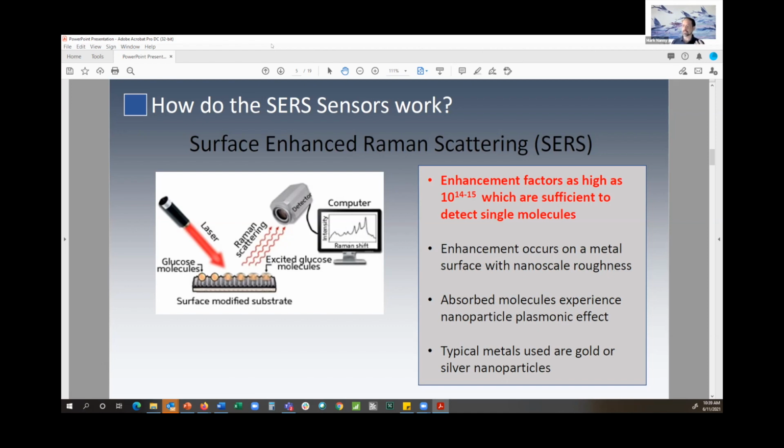So the key here is that one wants to get your analyte molecule into that hot spot of that nanoparticle. And that's the challenge, because you can't just mix your analyte and nanoparticles together and look at them. You have to make sure that the analyte molecule gets close enough to that hot spot region. So that is the challenge for what we are working on.